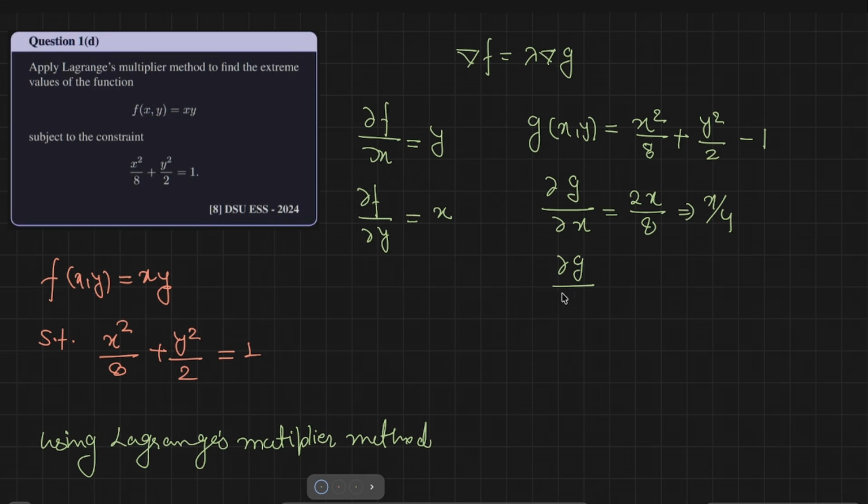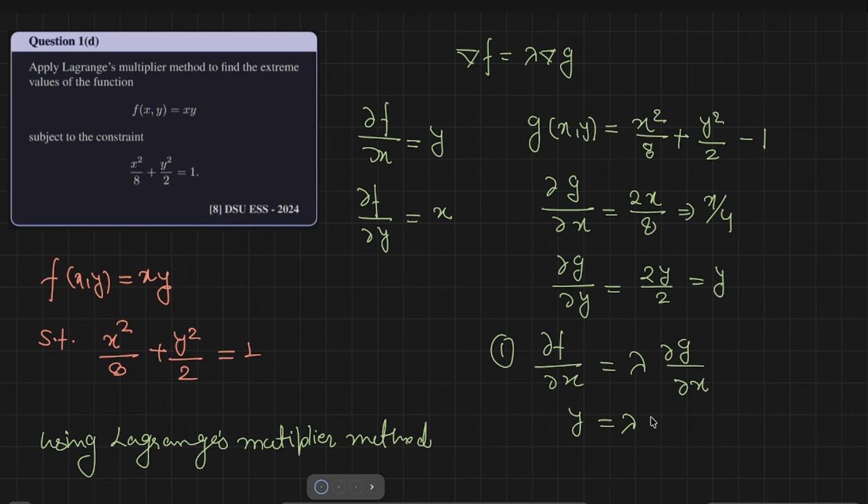The partial derivative of g with respect to y is 2y/2, which is y. So from here, the first equation: the partial derivative of f with respect to x is equal to λ times the partial derivative of g with respect to x. So y = λx/4.